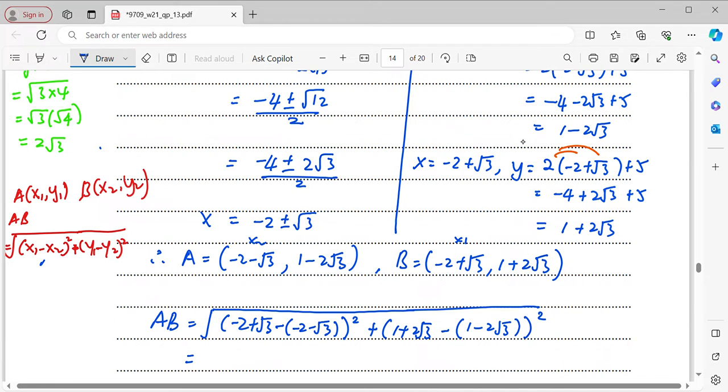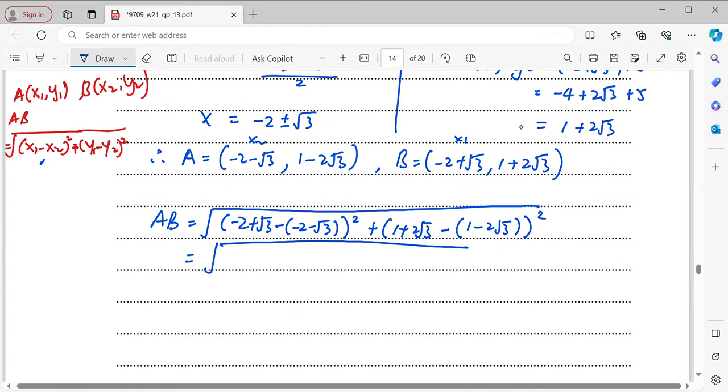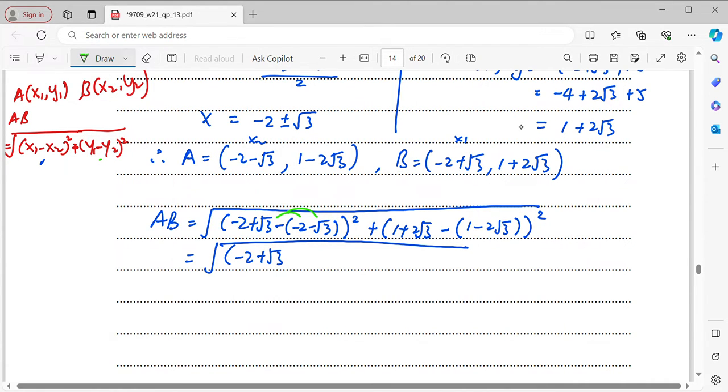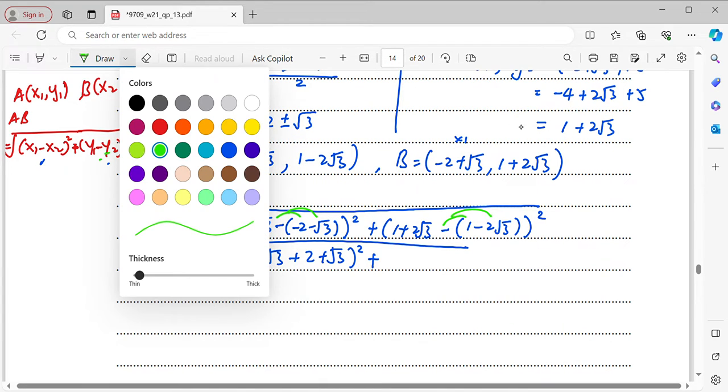Then from here, minus 2 plus square root 3. Bring in the minus, so it becomes plus for both: plus 2 plus square root 3. Then square it, plus, and again this minus will be brought into the brackets.